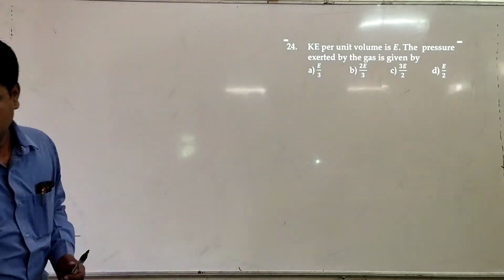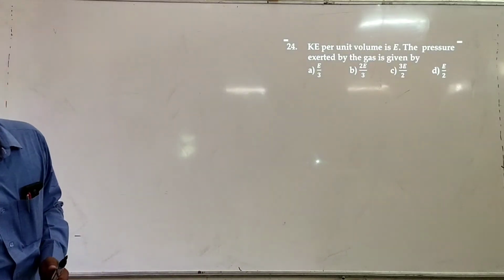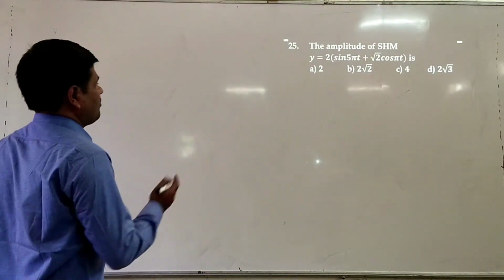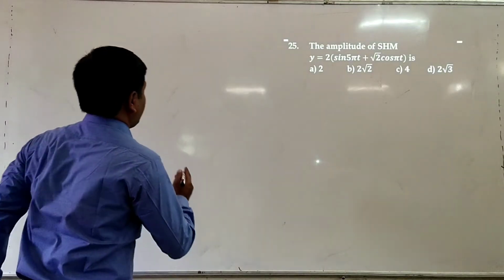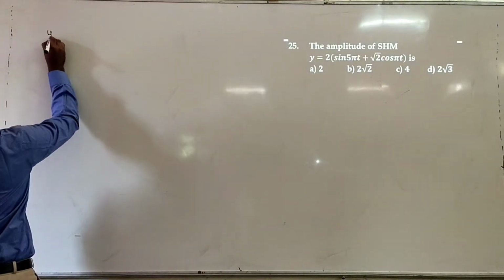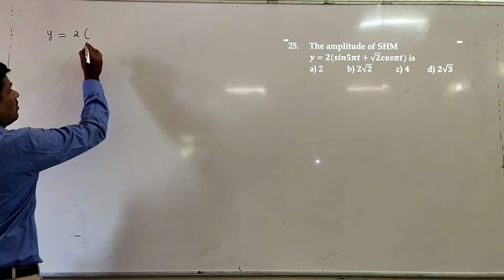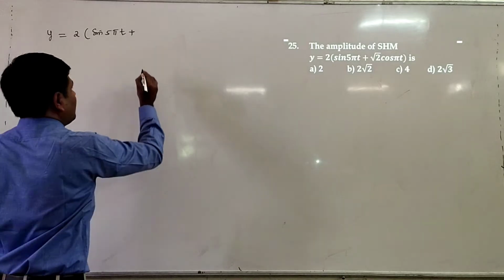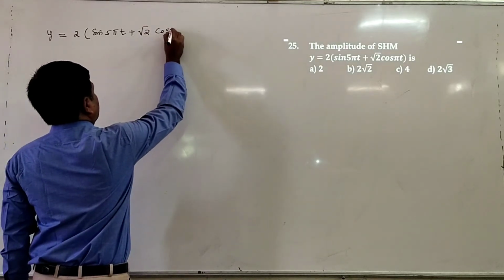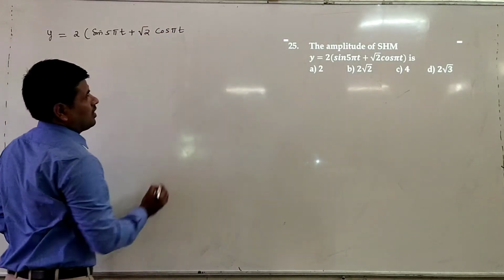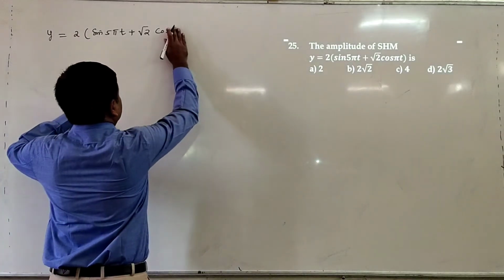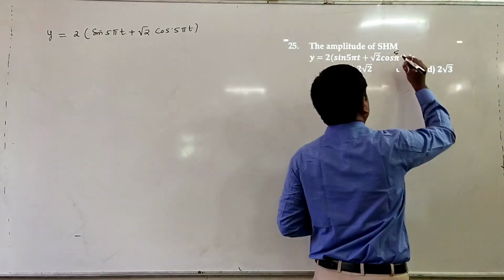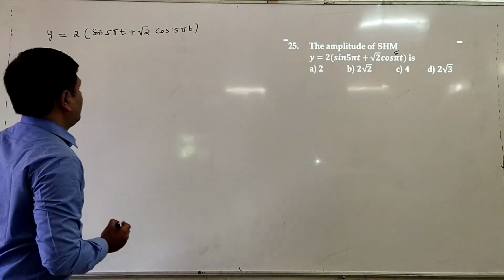Next we go to question number 25. The amplitude of SHM is asked, and the equation is given. How to find the amplitude here? y is equal to 2 sin 5πt plus root 2 cos 5πt.